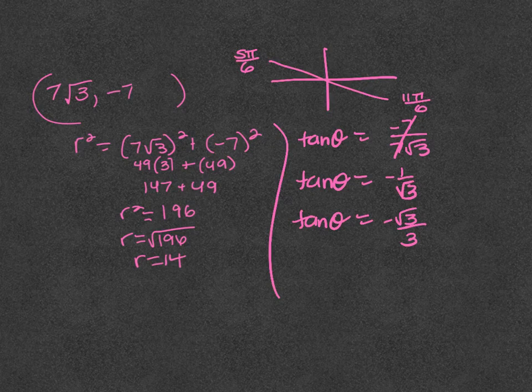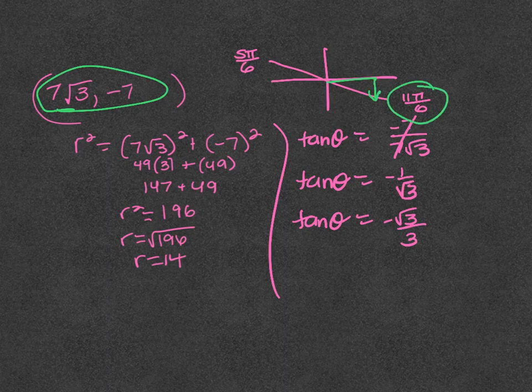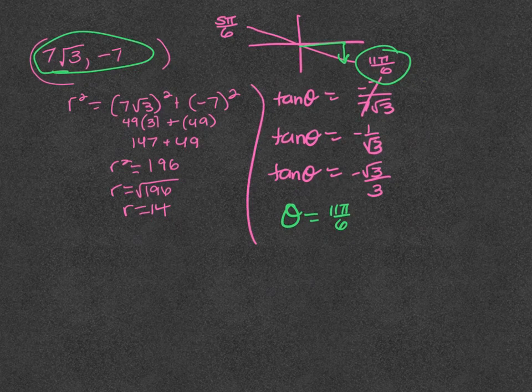Because this original point is positive and then negative, it puts it in the fourth quadrant. So that's why you don't pick 7 pi over 6. So theta is 11 pi over 6. So that's one coordinate point: 14, 11 pi over 6.